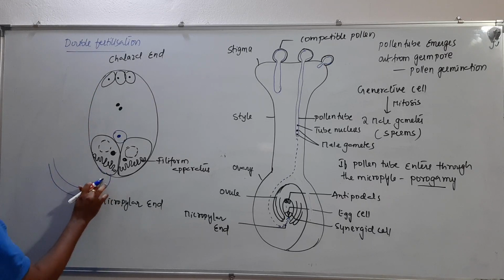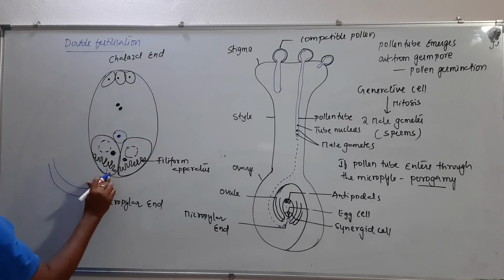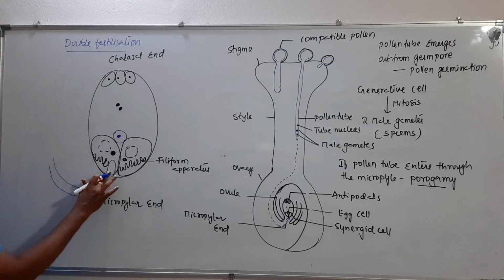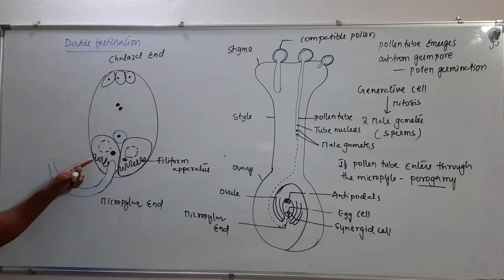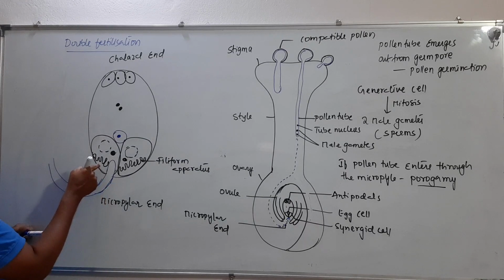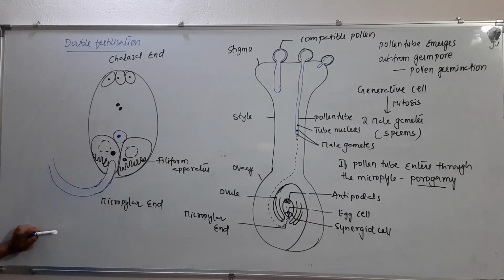Here you can see the pollen tube has finally come up, and it enters one of the synergid cells, because the filiform apparatus chemotropically attracts the pollen tube.